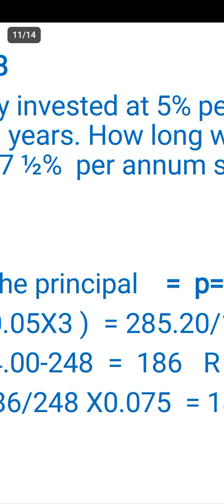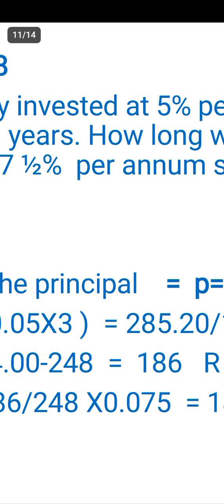How did we arrive at 0.075? It is the same thing as 7.5%. 7.5% is 7.5 over 100.